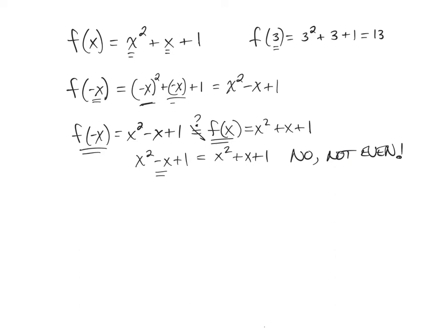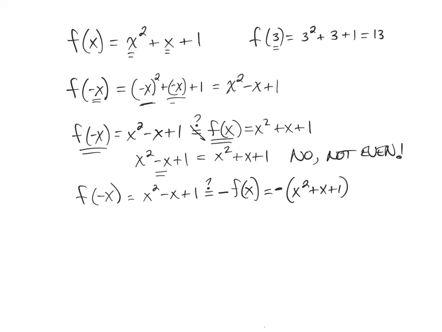So here we go, and we're going to see if it's odd. Well, if it's odd, we also want to start with f of the opposite of x, which turned out to be x squared minus x plus 1. And now we're going to compare it to the opposite of f of x. That means we're taking the opposite of x squared plus x plus 1. Simplify that right side, you're going to get the opposite of x squared minus x minus 1.